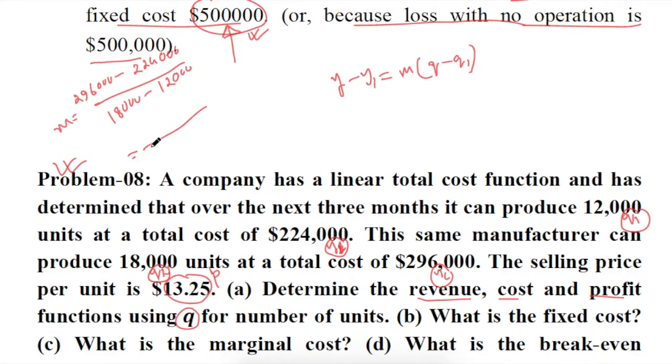So this one will be 6,000 in the denominator, and in the numerator it will be 72,000, which is equal to 12.